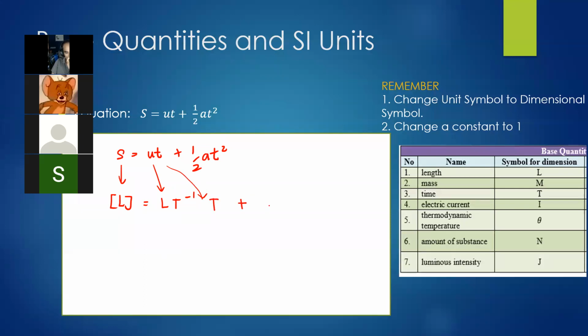And plus, A is just now LT negative 2, and then T squared. Okay, you should put the bracket, but this one is just for learning, I make it speed up. So you end up with L plus L, 2L.